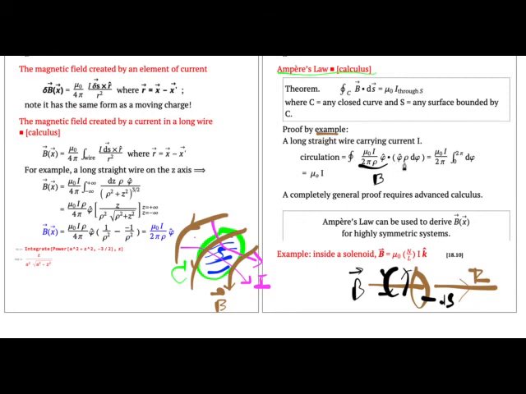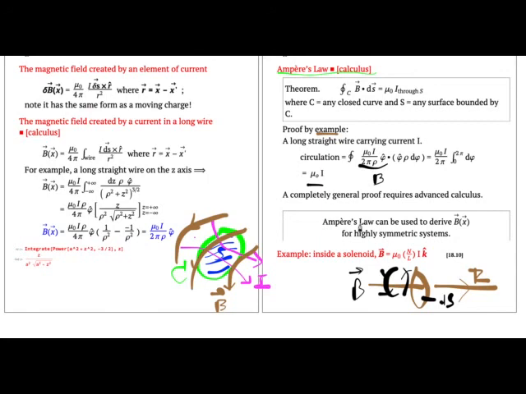Or another way to say it is the circumference is 2 pi rho. The rho is the perpendicular distance, that'll cancel the 1 over rho. So I end up with mu naught I over 2 pi times 2 pi. It's just mu naught I. So indeed, that example I had before of the magnetic field due to a long wire agrees with Ampere's law.